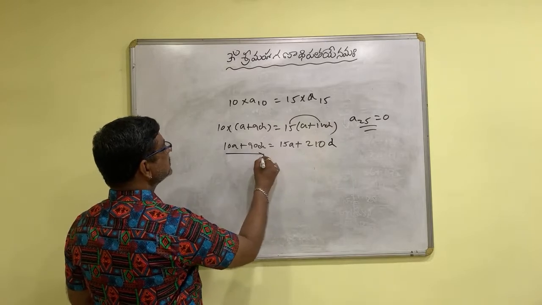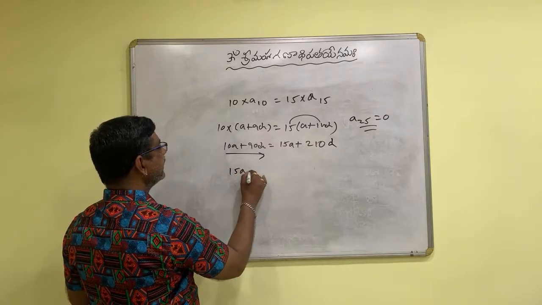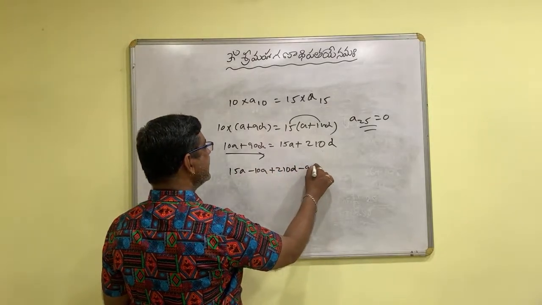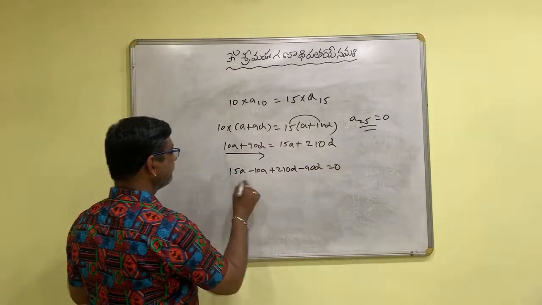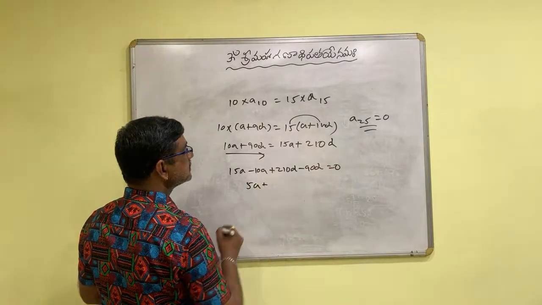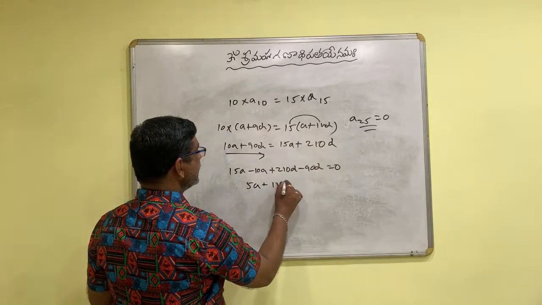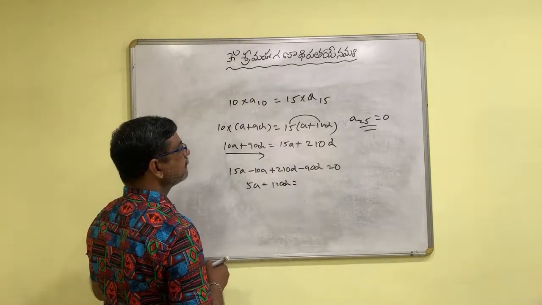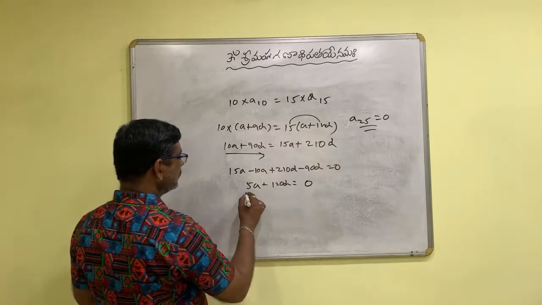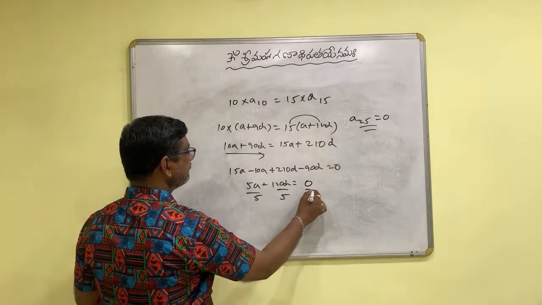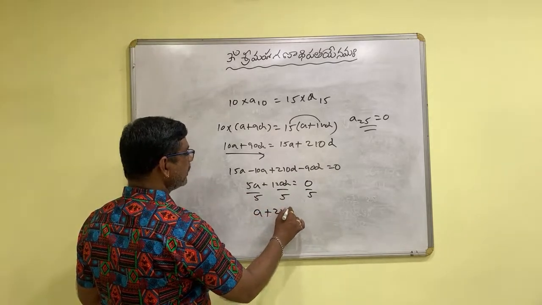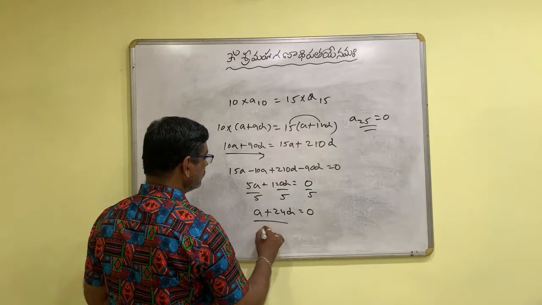Now send all these terms to that side: 15A minus 10A, 210D minus 90D, is equal to 0. 5A plus 120D is equal to 0. Divide by 5: A plus 24D is equal to 0.